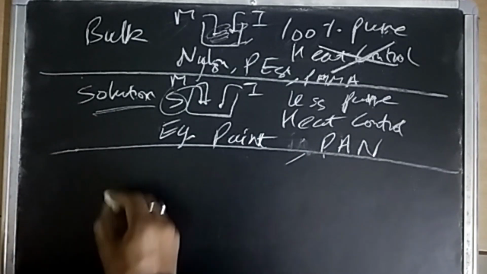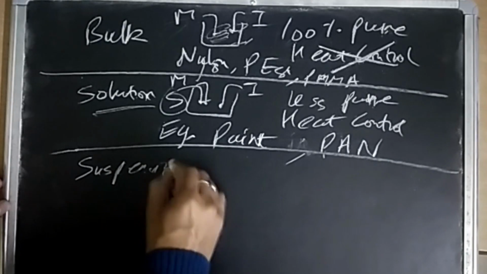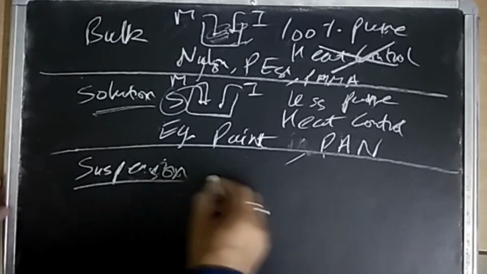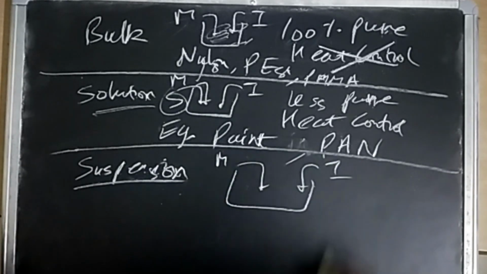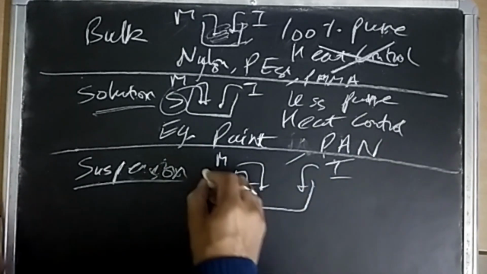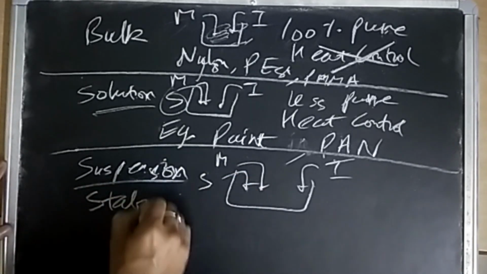Next, move on to suspension. In suspension polymerization the monomer and initiator are added, but now with the monomer we have a stabilizer. Let me write it down, stabilizer.